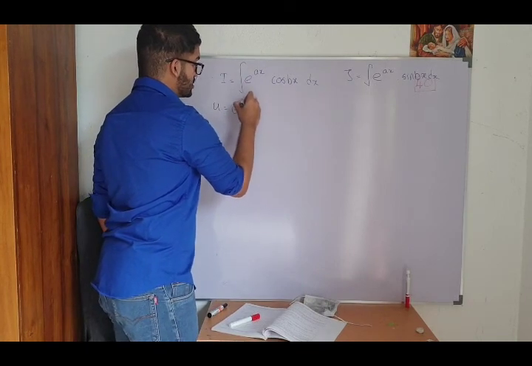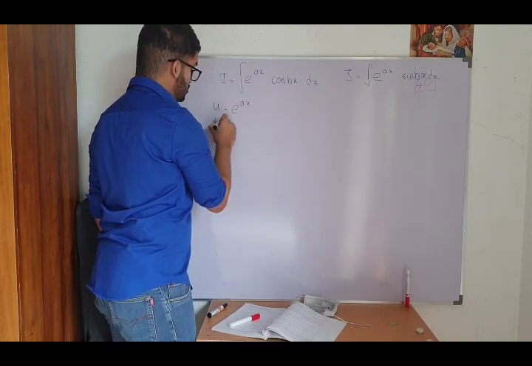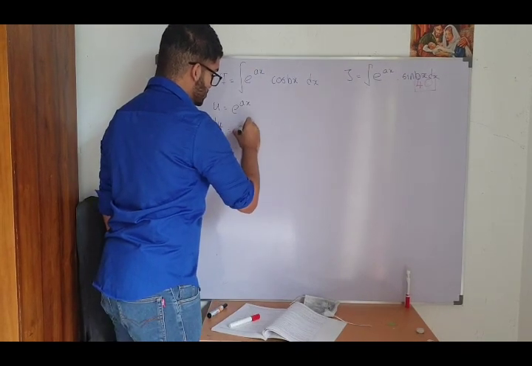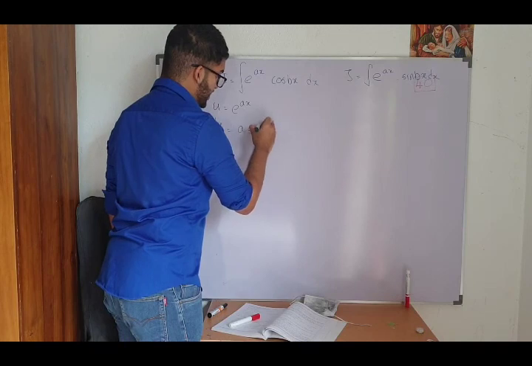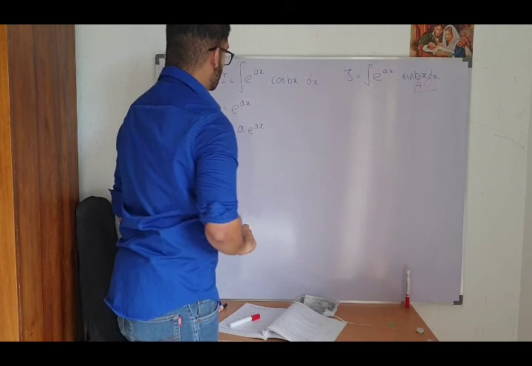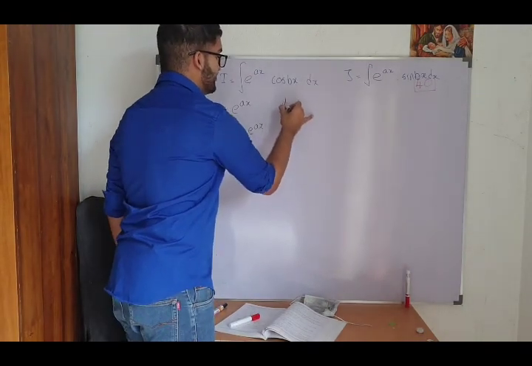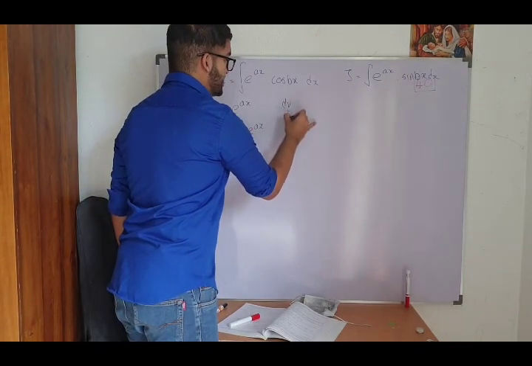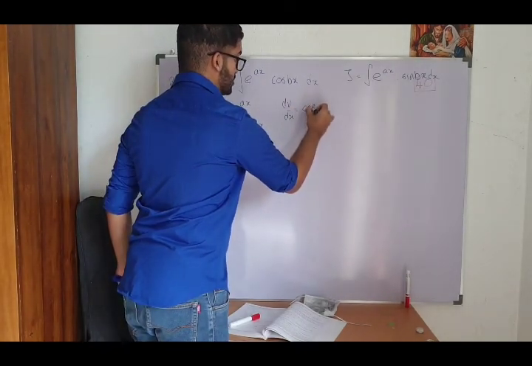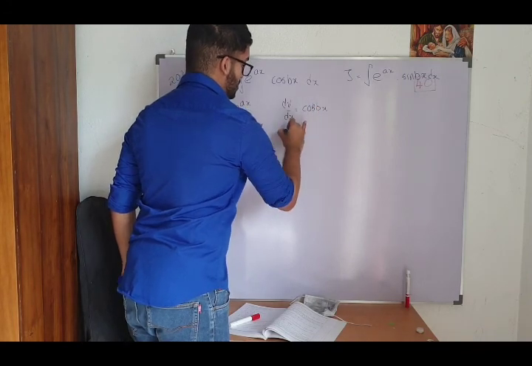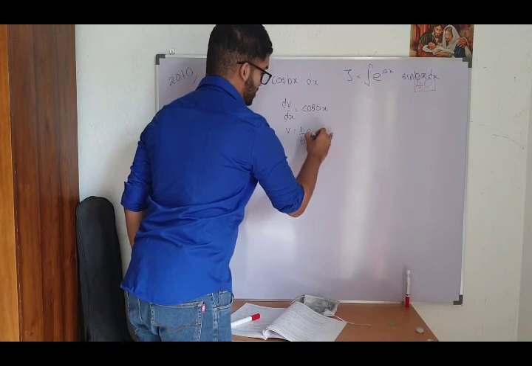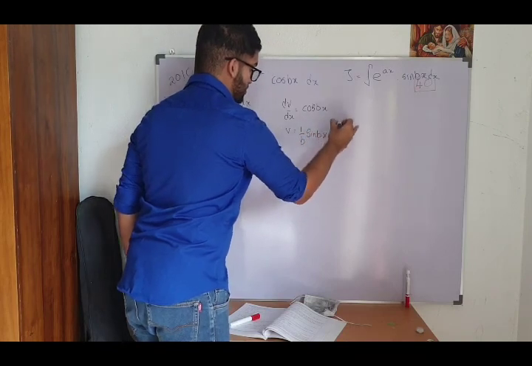So u equals e^ax, du by dx is equals to a e^ax. So now you have differentiated this part, and the next thing which you got to do is that you got to take dv over dx is going to be equals to cos bx, so v equals 1 over b sin bx.